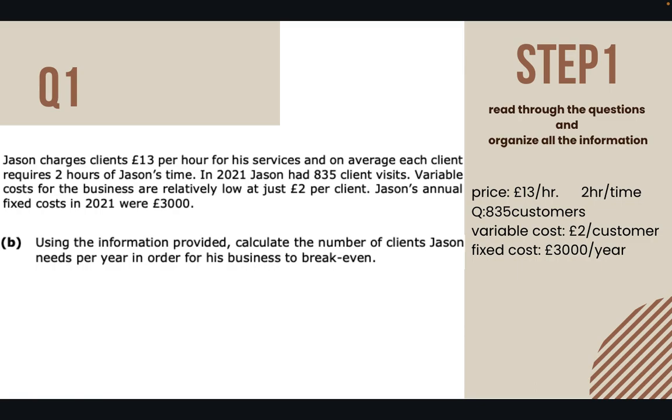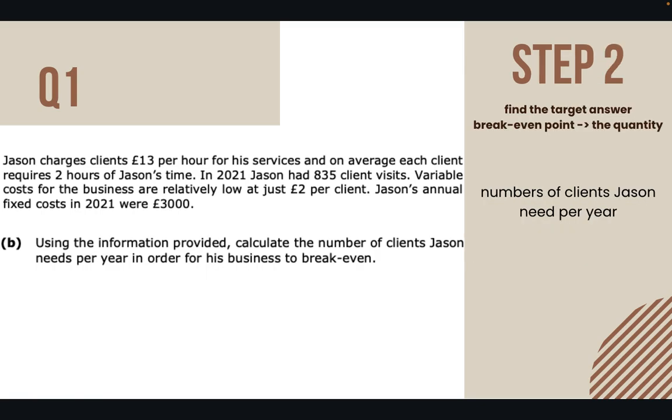Variable cost is £2 per customer, and the fixed cost is $3,000 per year. Then step 2, we need to find our target answer. For break-even point, we are looking for the quantity the company needs to produce. And in this problem, we are looking for the number of clients that Jason needs per year.